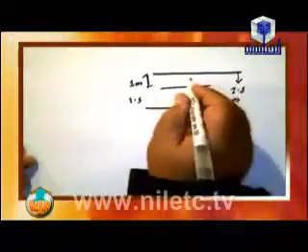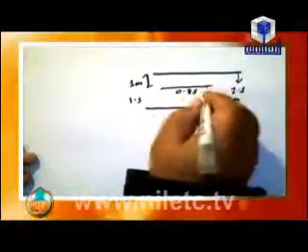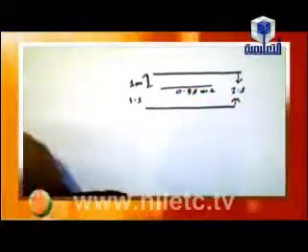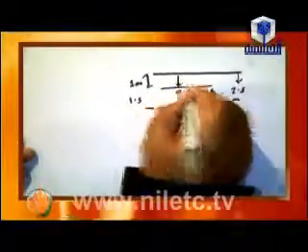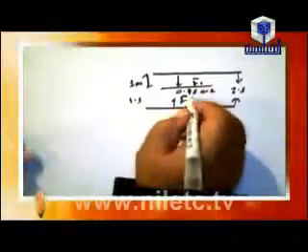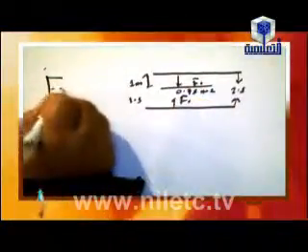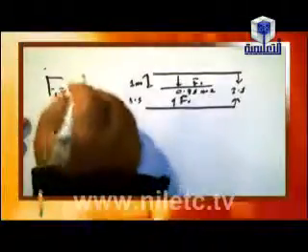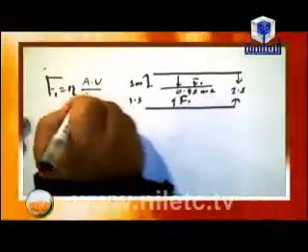And the area of this is equal to 0.75 meters square. We want to find the force. We have two forces, F1 and F2. F1 equals eta A V over D.